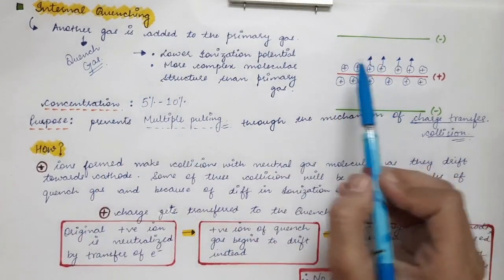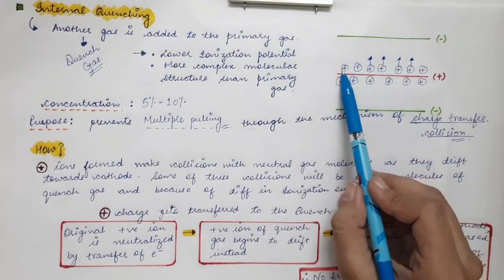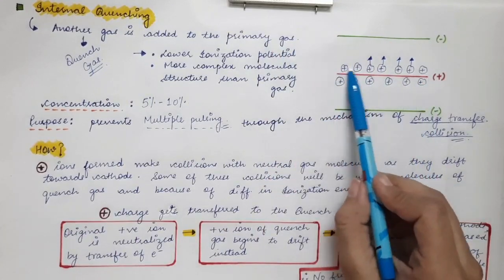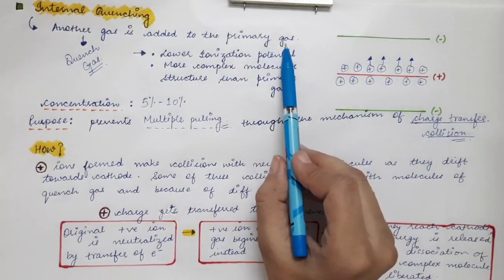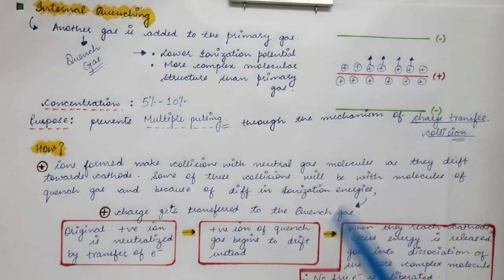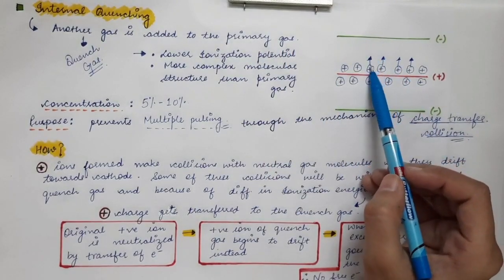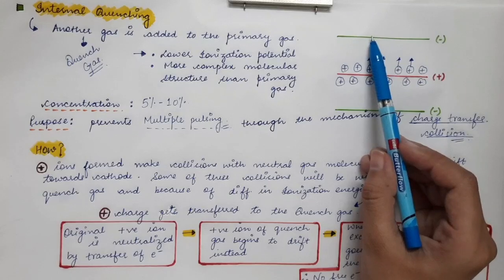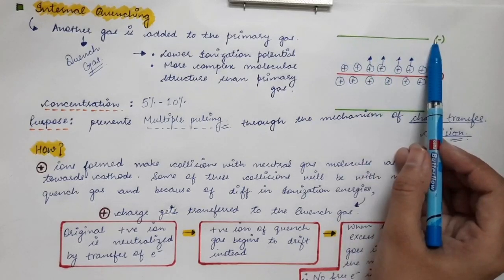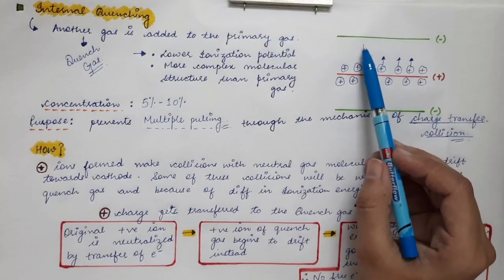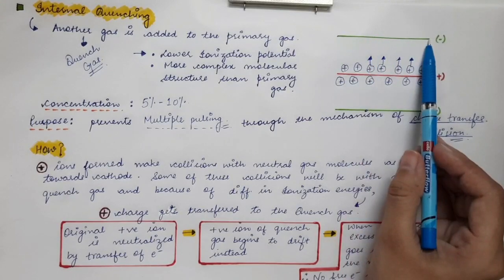These positive ions are mainly of the primary gas, which is the noble gas. What we want is that these positive ions should not hit the cathode wall with high energy, and must not release electrons from the cathode wall.